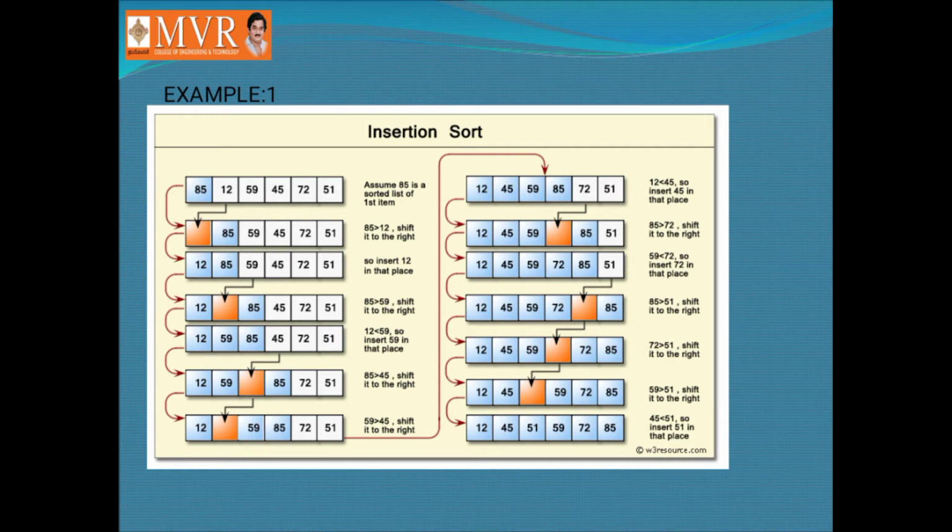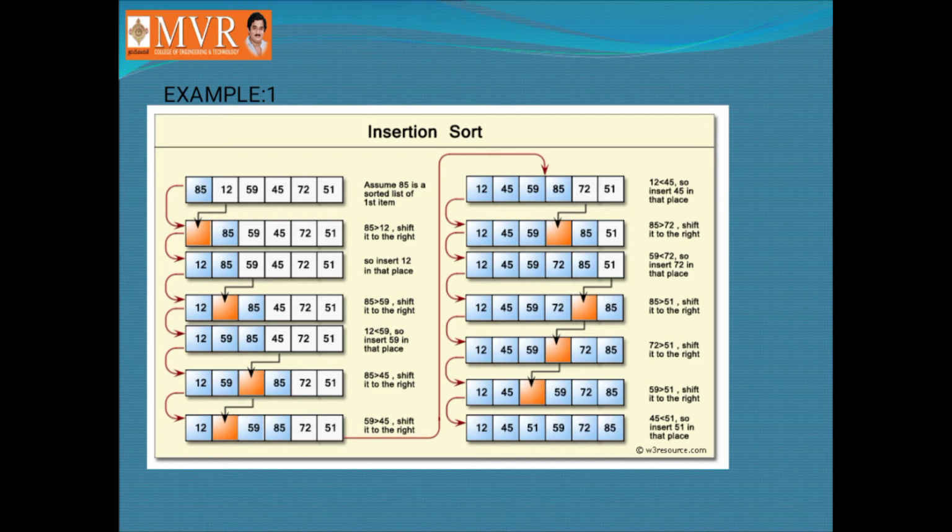After comparing 85 with 12, both are not in ascending order. So, perform the swapping. That is, in the third step you can see it: 12, 85, 59, 45, 72 and 51.